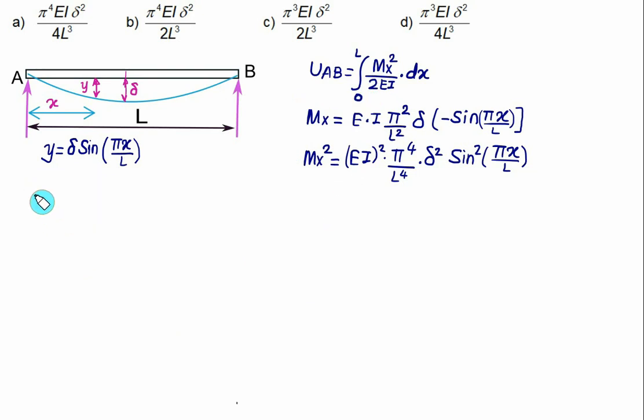So we can calculate here the strain energy in the bar AB, that will be equal to the integral from 0 to L of Mx² divided by 2EI. We have the square of EI multiplied by π⁴ and is divided by one term of 2 times EI, I will write down first.